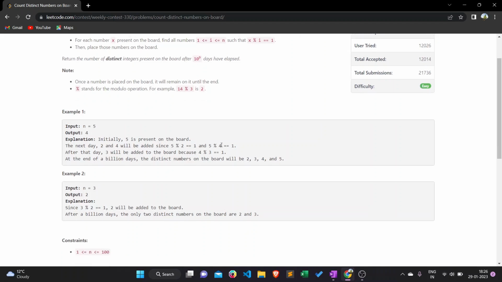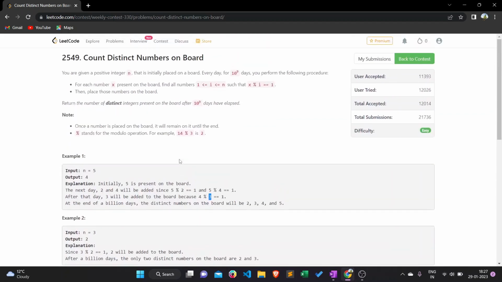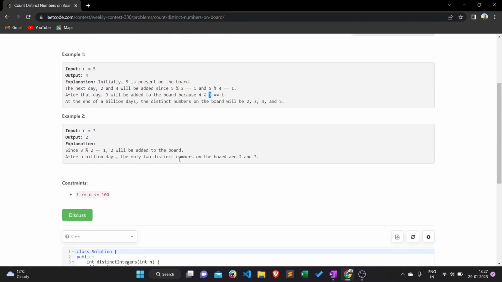So you check 4, and for 4 you find the number 3, which gives a remainder of 1. So you add this number also to the board, and so on. At the end you have to return the total number of distinct integers.